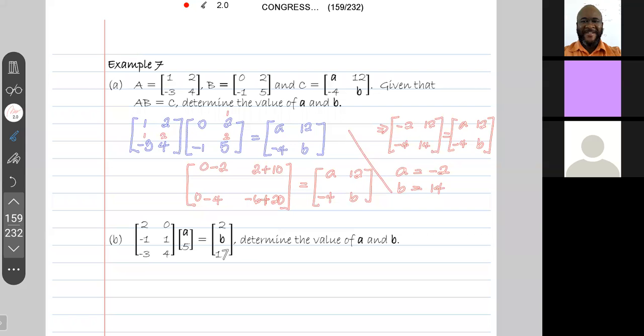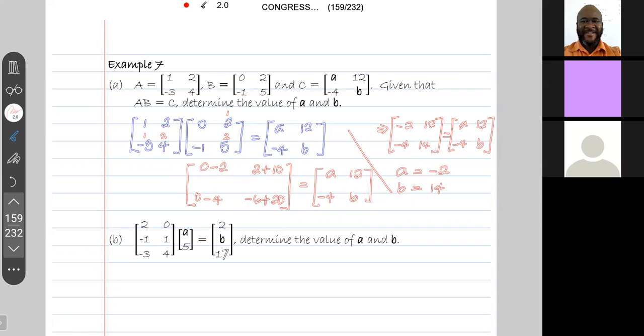All right, so in B, we're told that the product of these two matrices is the column matrix 2, B, 1, 7. The two matrices: one is a 3x2 matrix, the other is a 2x1 matrix.